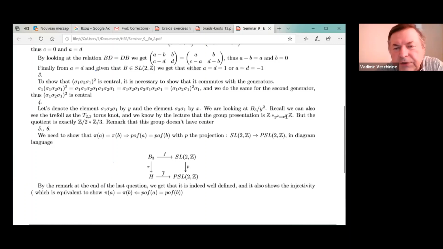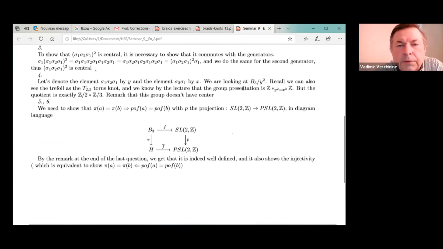So you see that here the center you need, because you need to commute with Y and Z, and it happens when you have the square of Y or the third degree of X. Otherwise, you will not have the commutation. So, combination. Very good.